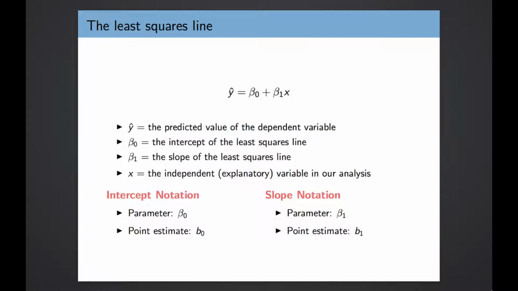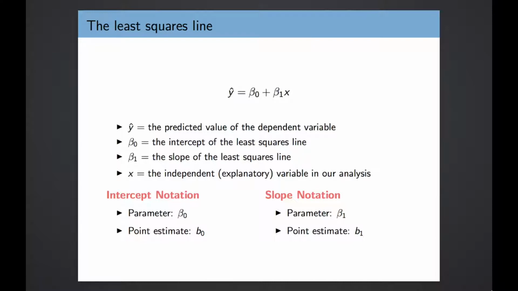So our dependent variable, our outcome variable, is denoted with the letter y, and we put a hat over it to indicate that it is an estimate for the value of the dependent variable. Beta naught, so beta sub 0, is equal to the intercept of the least squares line. Beta 1 is equal to the slope of the least squares line. And x is the value of the independent variable, the explanatory variable, in our equation.